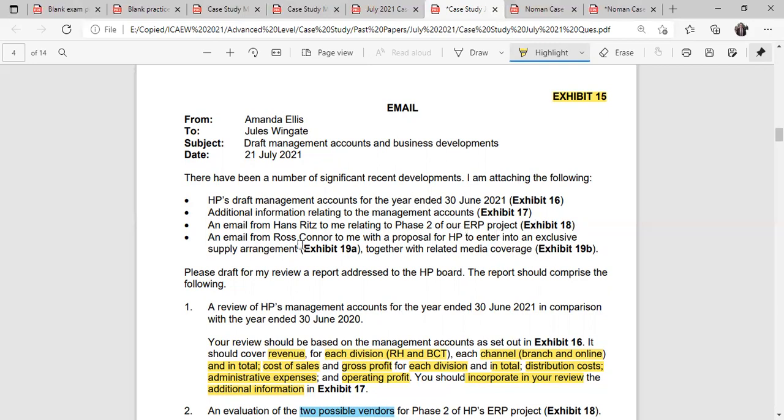An email from Ross to me with a proposal for HP to enter into an exclusive supply arrangement, 19A, together with related media coverage, Exhibit 19B. So we have these new exhibits in this exam.